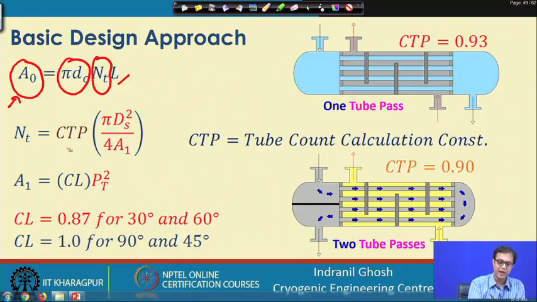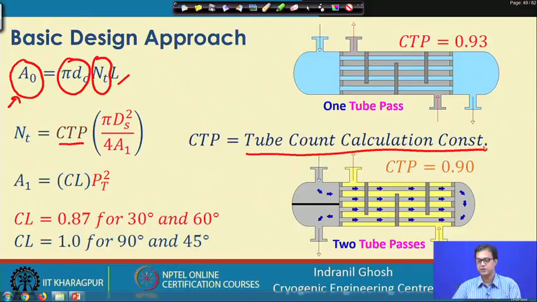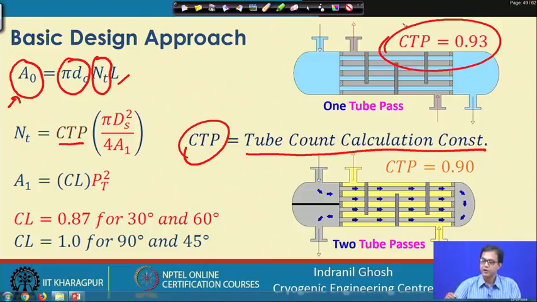A 1 and CTP. That CTP is basically the tube count calculation constant, as we discussed in the earlier class, which takes care of the extra area that we have to provide to house all these tubes inside the shell. CTP for a single tube pass is 0.93.